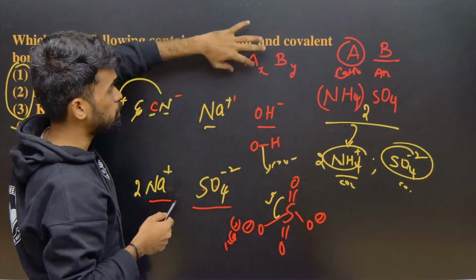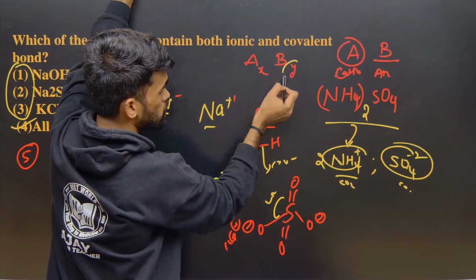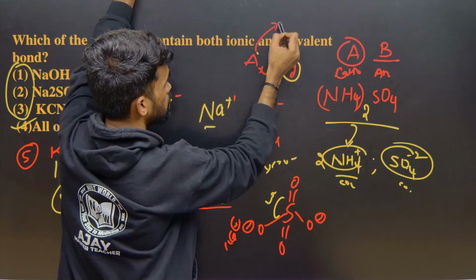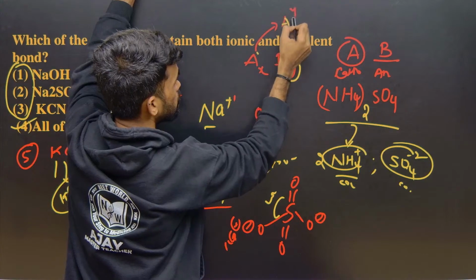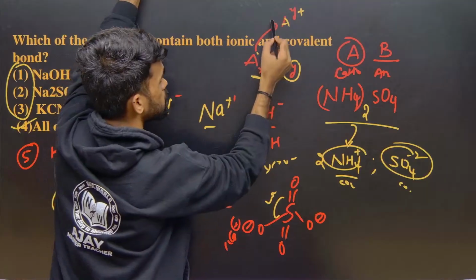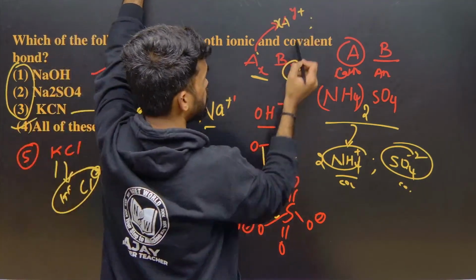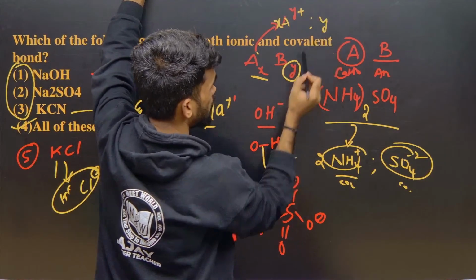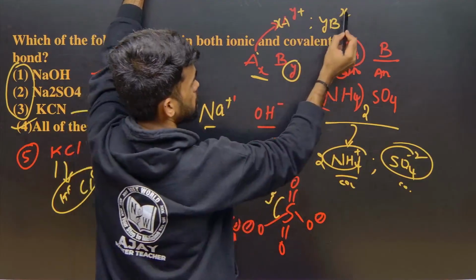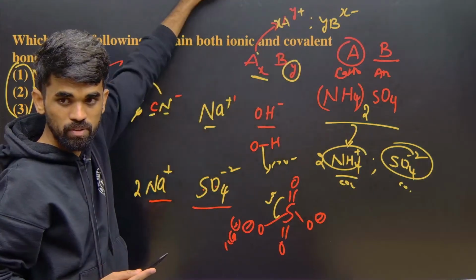When I split these, the number mentioned for B will be given as the charge for the cation. So I should write A to the power plus Y, X number of A's, and Y number of B's, with charge minus X. Now apply the same concept and tell me.